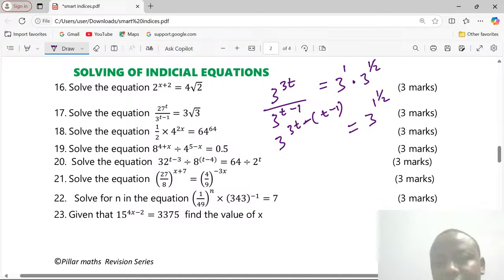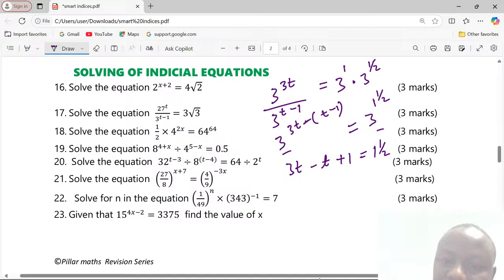So at the left-hand side, I'm subtracting powers. To the right, I'm adding powers. Because the base is now 3, we can just equate powers. 3t minus t, but that one becomes a plus 1, equals 1 and a half.